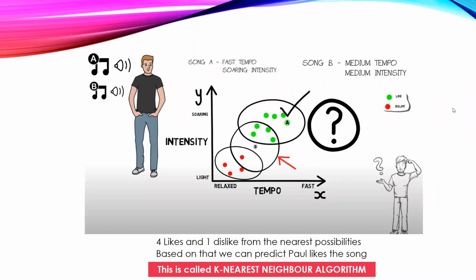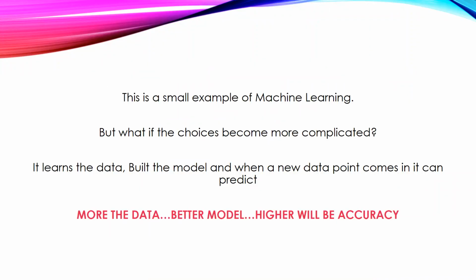All right, so now we are going to the next. This is a small machine learning example I gave, right? But what if the choice becomes more complicated, like the small complication we saw with song B, where it lies between the regions and how to predict it?